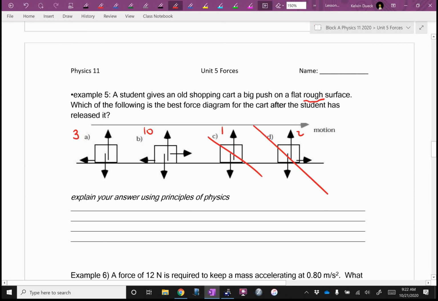In B, the forces are balanced, and it would be going in a straight line at a steady speed. In A, what direction is your unbalanced force? To the left. So which way will A accelerate? To the left, which means if it's moving to the right but accelerating to the left, how would that manifest itself? It would slow down.